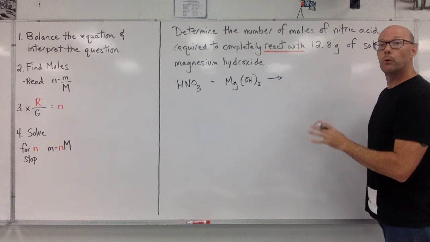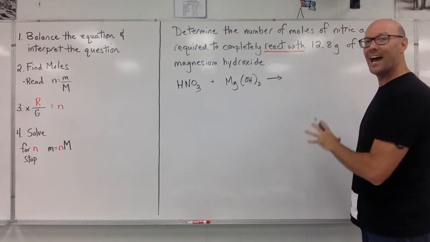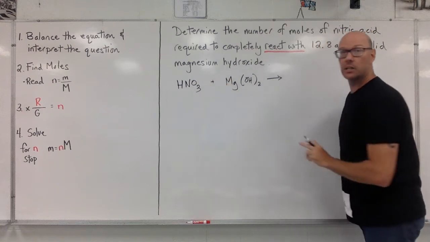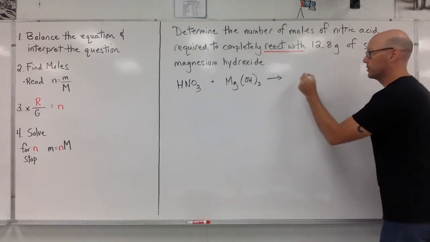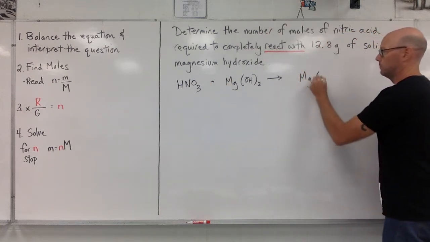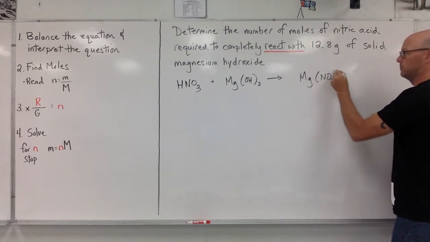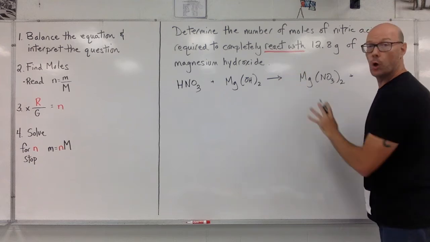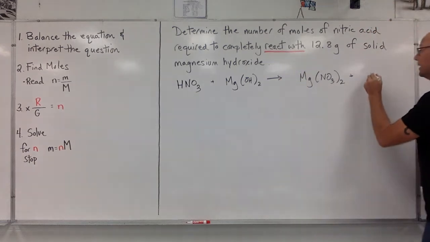We have a double replacement reaction, the cations switch. The magnesium, which is a 2+, is going to get together with the nitrate, a 1-. And the hydrogen is a 1+, the hydroxide a 1-.